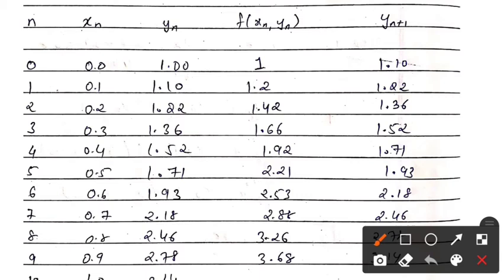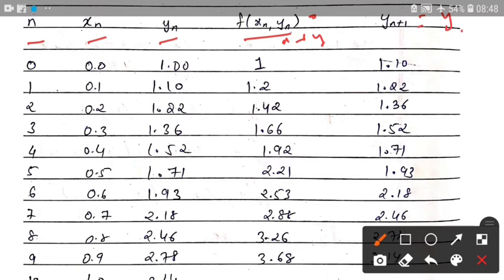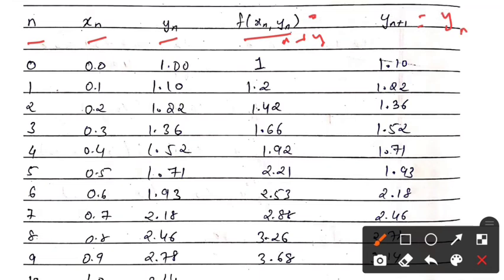First make a table and write all these particulars, that is n, xn, yn, f of xn. What is your f of xn? x plus y. Write here your formula: yn plus 1 equals yn plus h f of xn and yn.